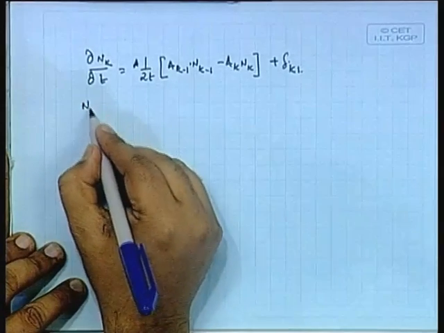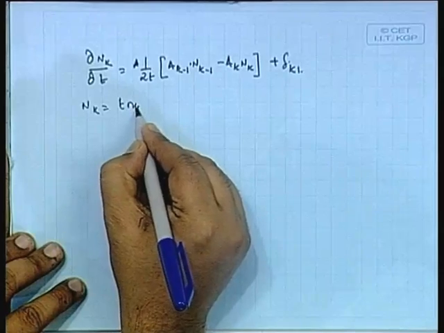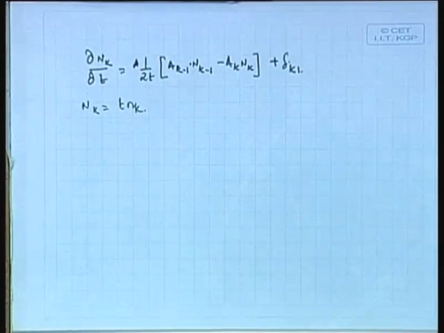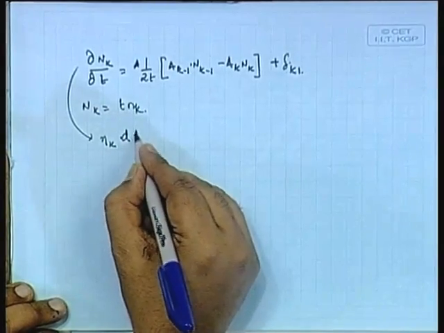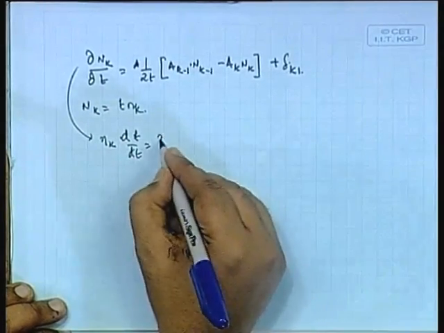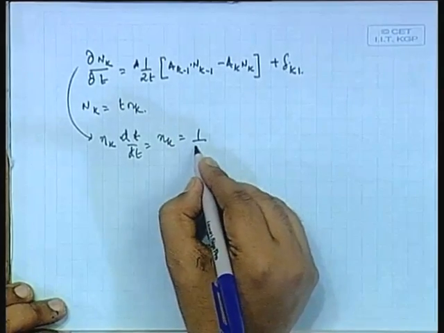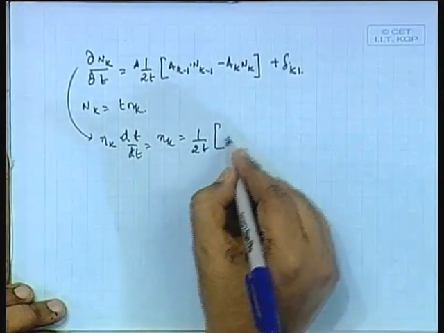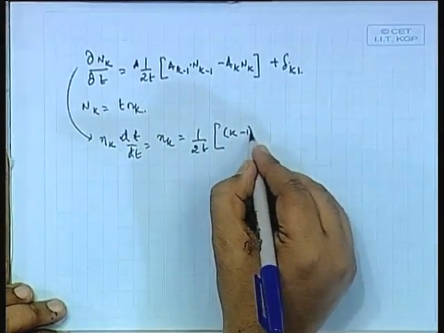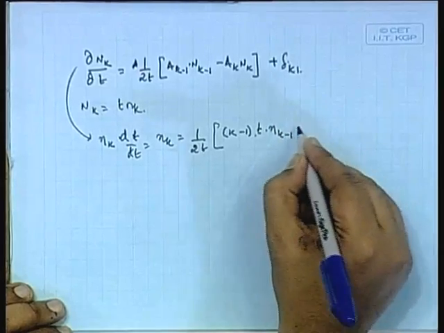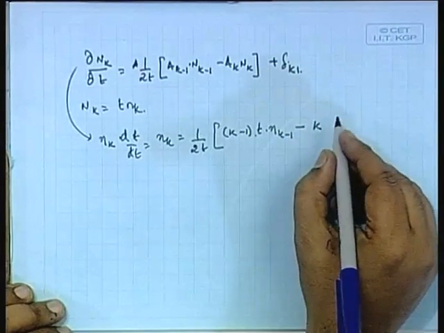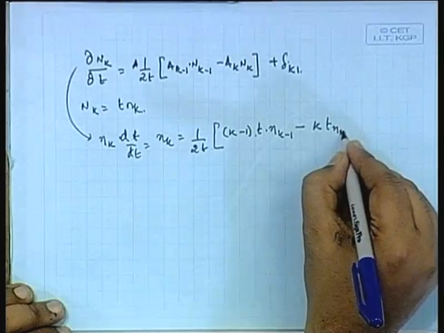So now nk is what? t nk. So we have shown that nk scales with t, it's proportional to t. So now this part becomes just nk, which is equal to 1 by 2 of (k minus 1) t n(k minus 1) minus k t nk.